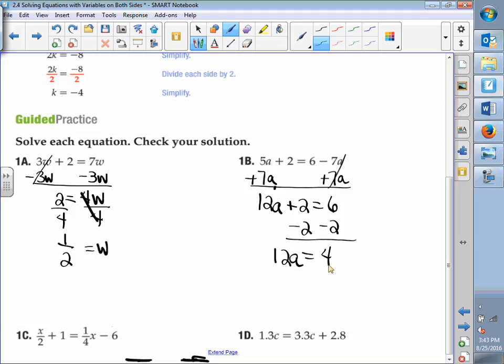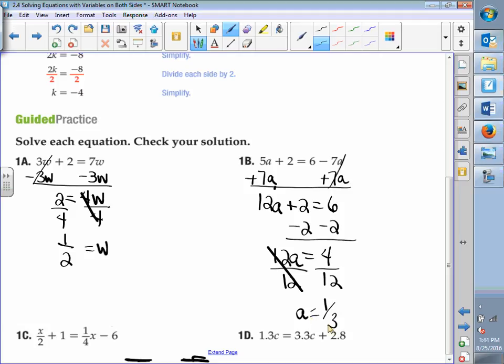And then to get the a by itself, we will divide by 12 on both sides. That 12 cancels, and a is equal to 4/12, which simplifies to 1/3.